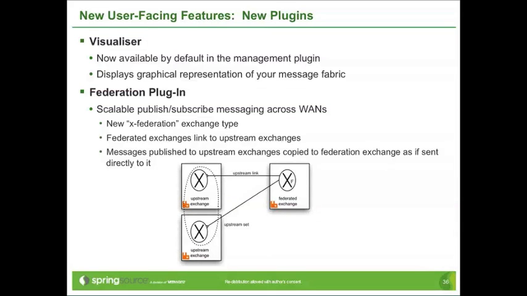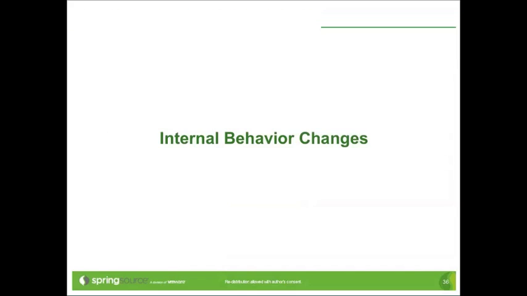In the figure you see a pair of upstream exchanges on the left, and a link through which messages published into these two exchanges would be passed down, possibly across the public internet, into the federated exchange downstream. The Federation plugin is, in some ways, a generalization of the Shovel plugin that was available in earlier versions of Rabbit.